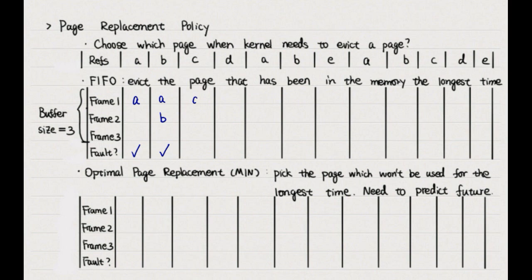And C, also page fault. Now we have D, and we look back and find that A has been in memory the longest, so we replace A with D. Page fault? Yes. Now we have A, and we look back, and B is the longest, so we replace B with A.